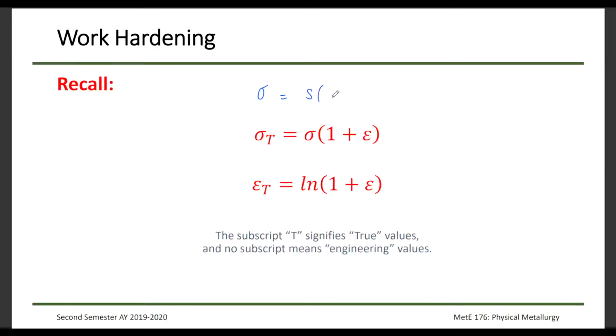Usually it is written like this, with E. This can also be written as epsilon equals ln(1 plus e). These two equations describe the relationship between true stress and true strain.